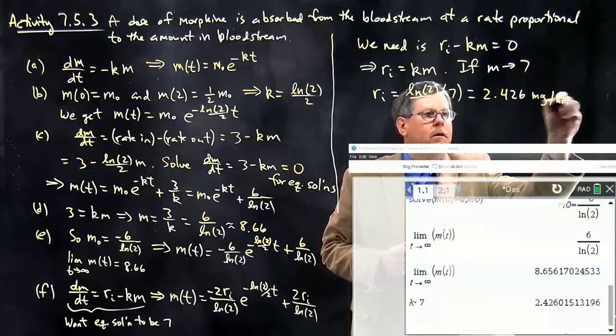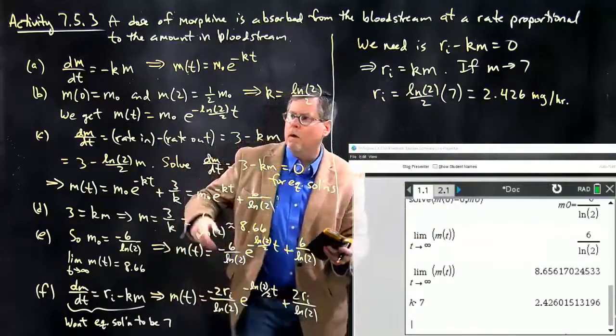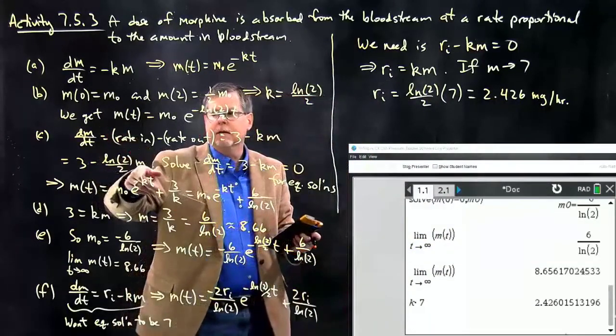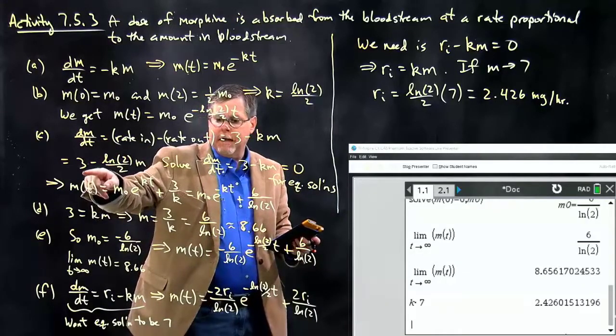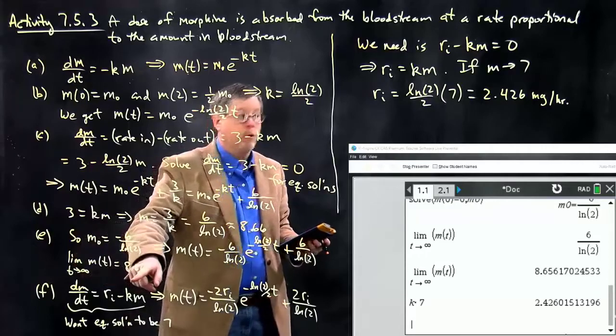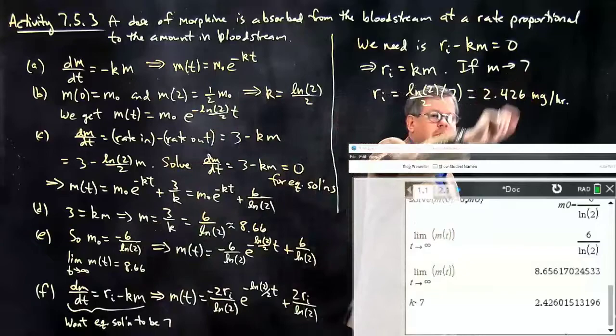Milligrams per hour would be what I would want, which makes sense because when you think about it, when we had a rate of 3 here, we were ending up with a stabilization of about 8.66. So I would need to reduce the amount if I want a stabilization of 7.